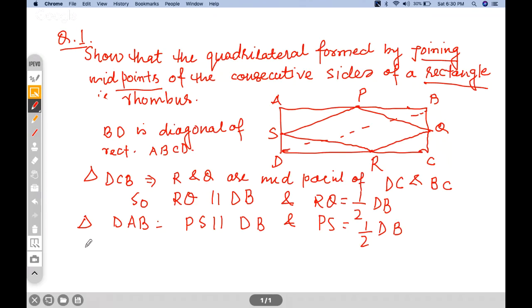So from here you can say that opposite sides are parallel and equal. So you can say that PQRS is a parallelogram.